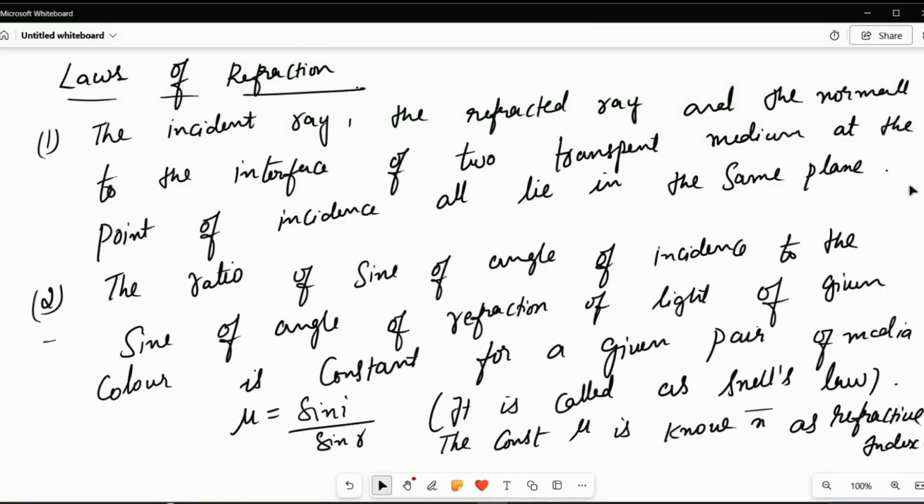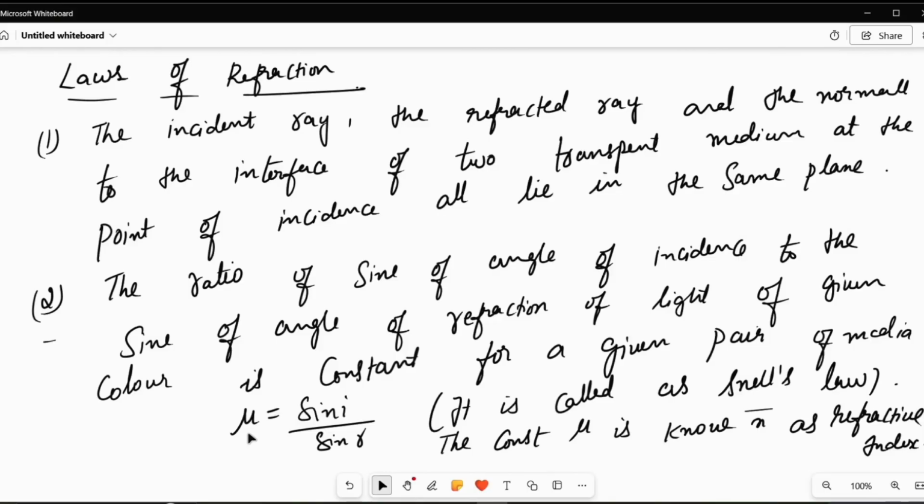That will always be constant for any given pair of media, like light going from water to glass. Whatever the angle of incidence, sin i by sin r will always be a constant. We call that constant mu, and it is also called the refractive index.